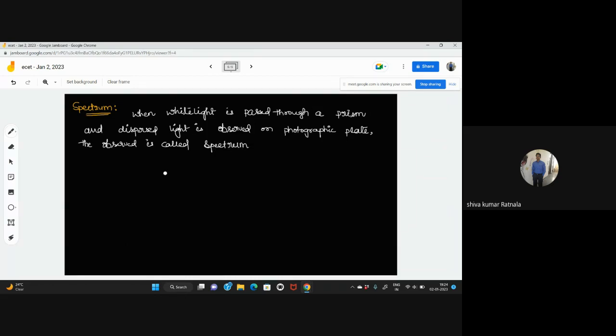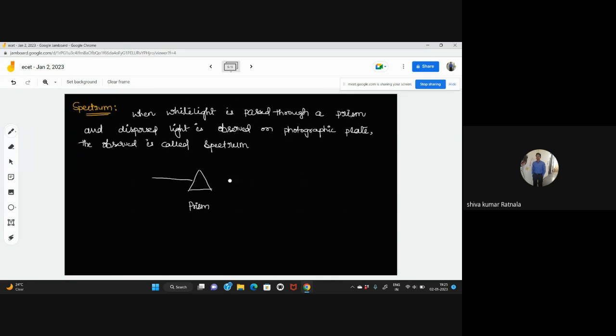Okay, for example, this is the normal prism. If this is observed on a photographic plate, this is the white light, right?